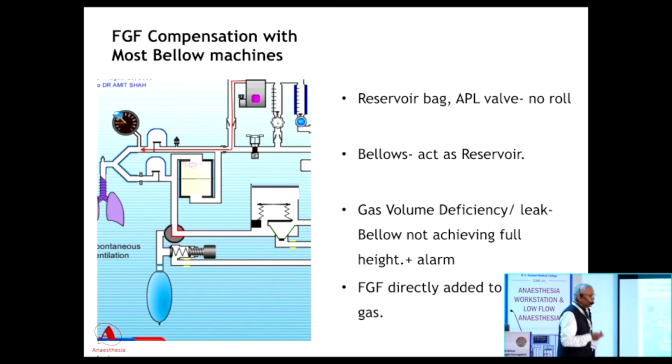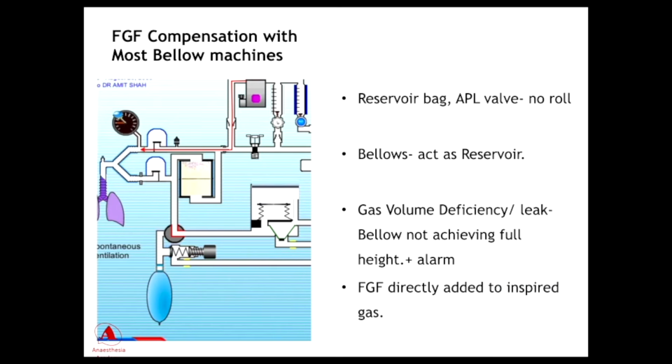So in case of gas volume deficiency, you will start getting bellows not achieving the complete height. So then bellow is starting from the lower point instead of starting from the top. And it will also give you an alarm. And FGF is here directly entered, is going through the inspiratory line to the patient. So it can get you slightly speedier FI concentration.